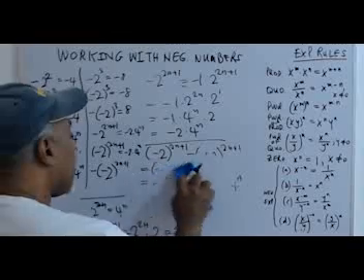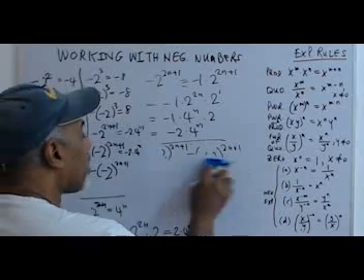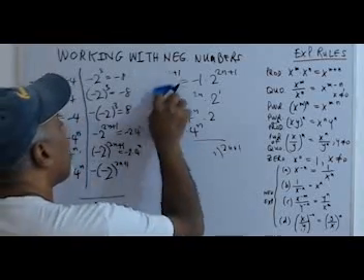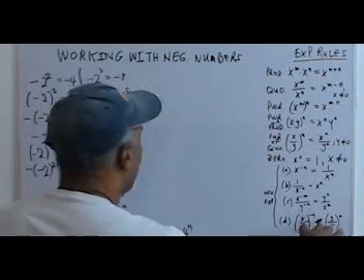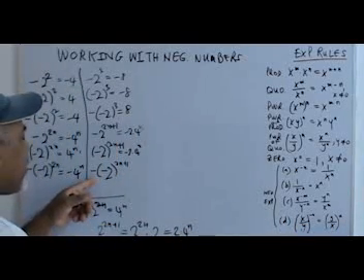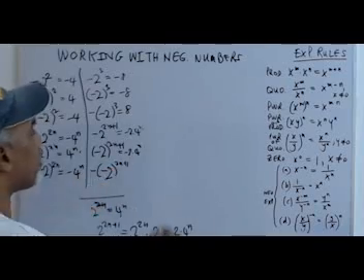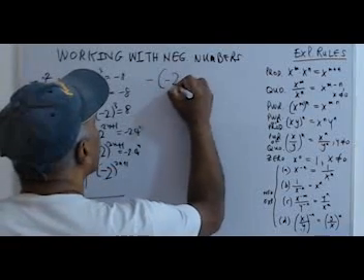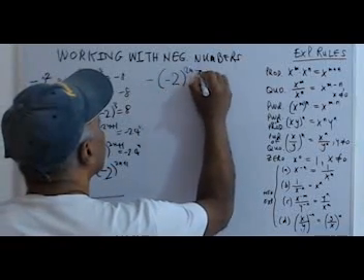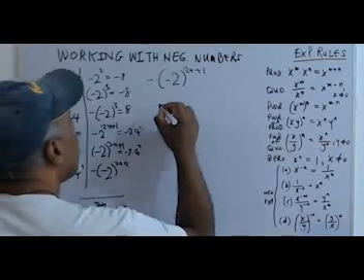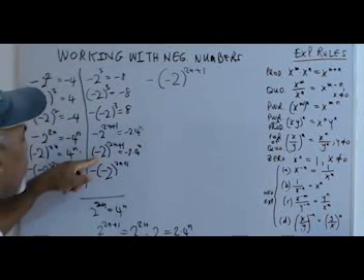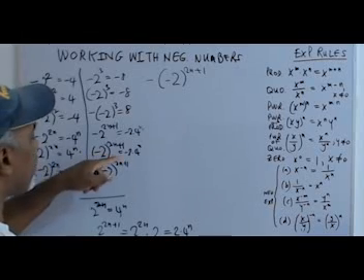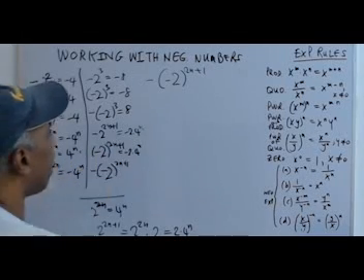Then we're going to look at the last situation here. The negative of the quantity negative 2 raised to the 2n plus 1. Well, we just saw that negative 2 raised to the 2n plus 1 is equal to negative 2 times 4 to the n.